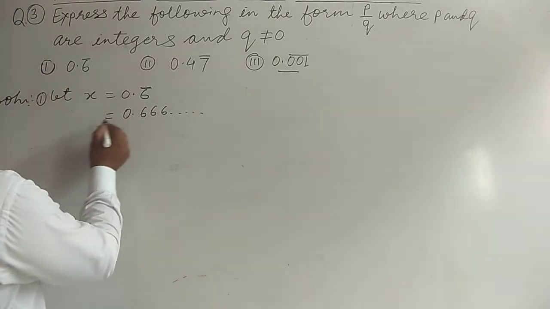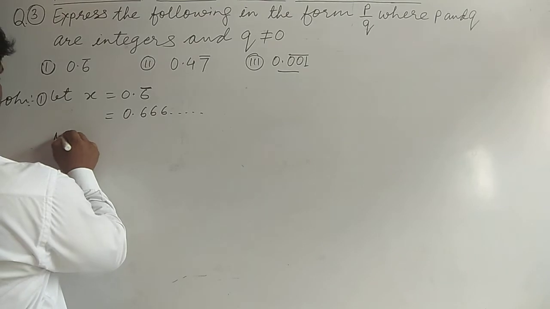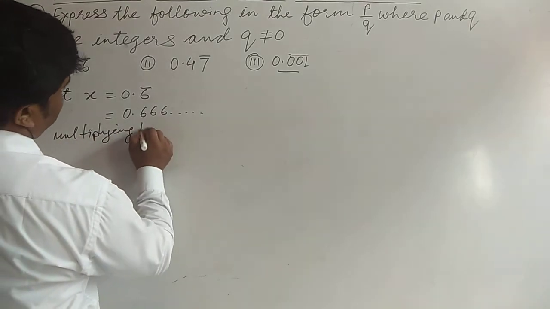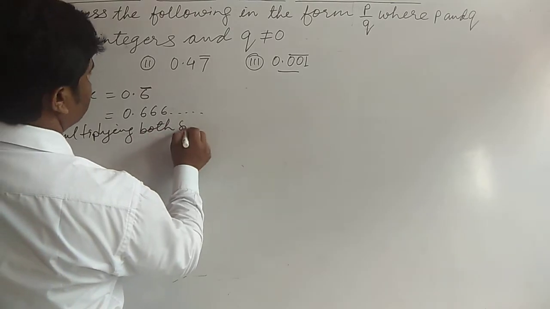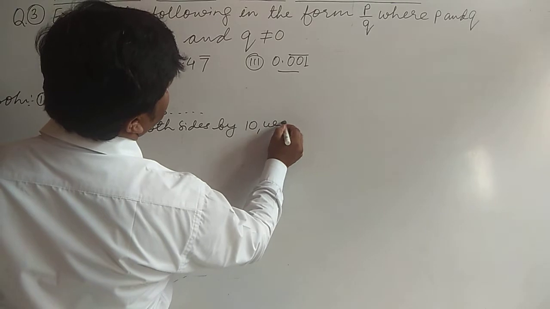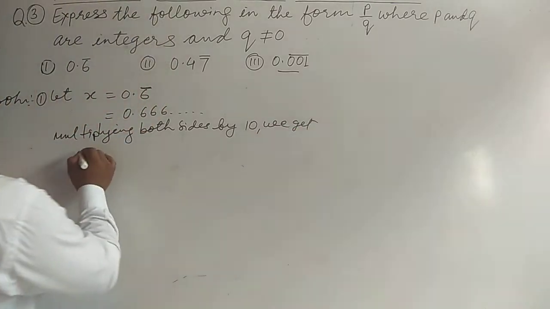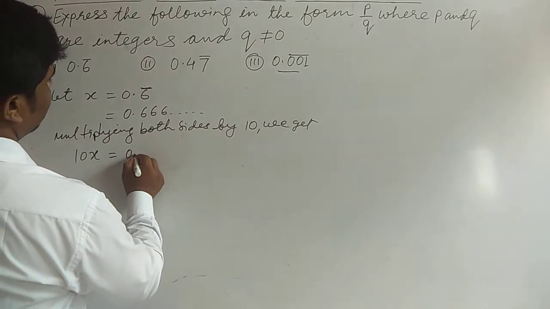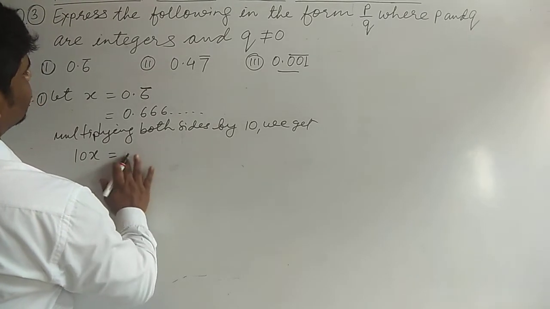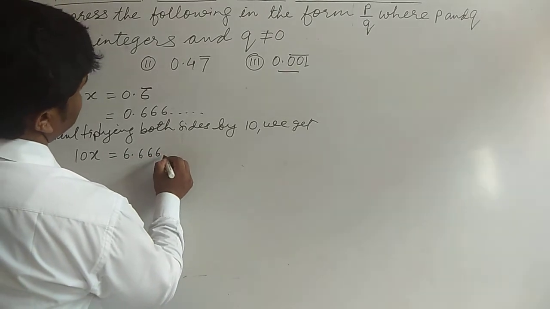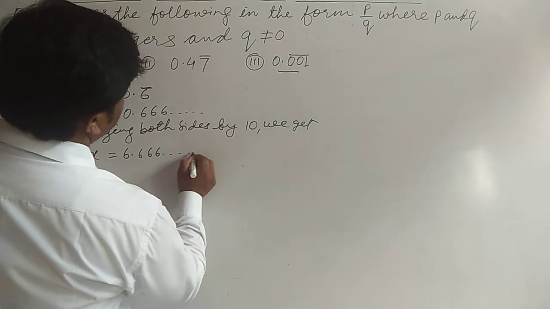So multiplying both sides by 10, we get 10x equal to 6.666 and so on.